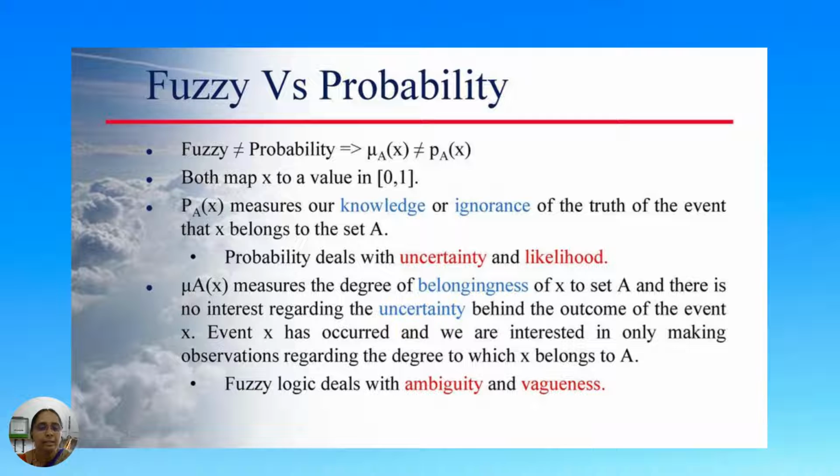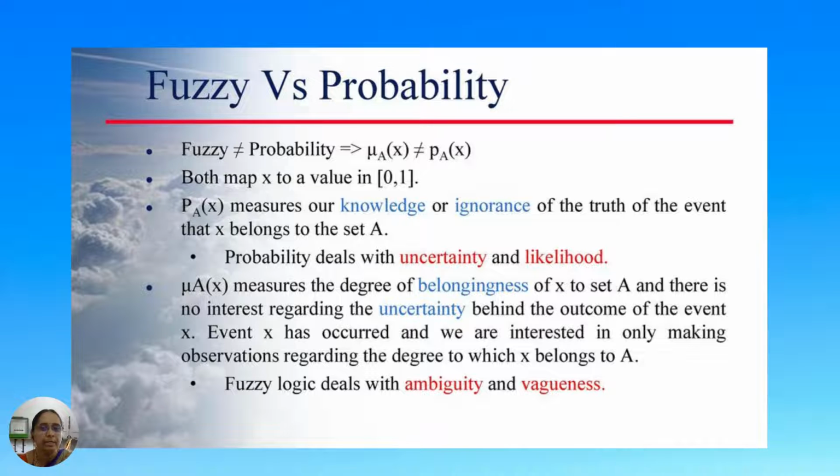This is the difference between fuzzy and probability. Fuzzy is not equal to probability. The membership function is not equal to the probability function, but both map x to a value from 0 to 1.